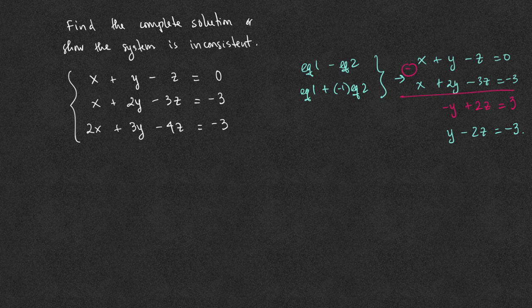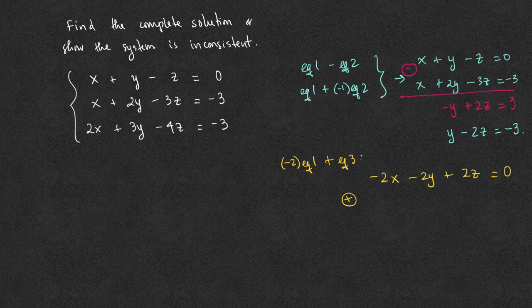We can also multiply negative 2 to the first equation and add to equation 3. If we take negative 2 and multiply every single term in the first equation, we would obtain negative 2x minus 2y plus 2z equals 0 times negative 2 is still 0.